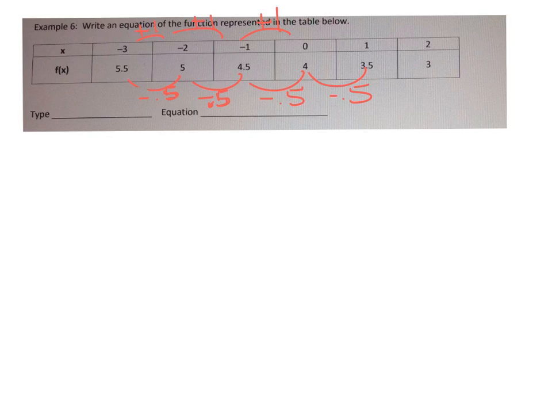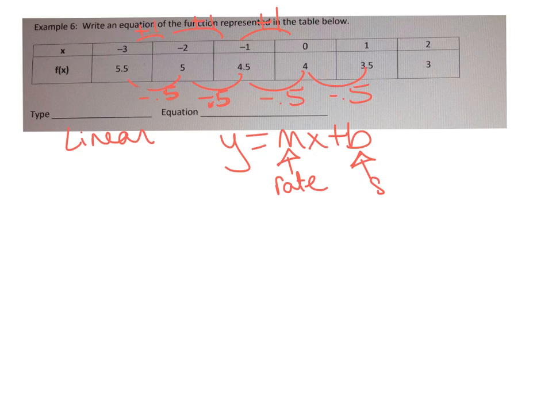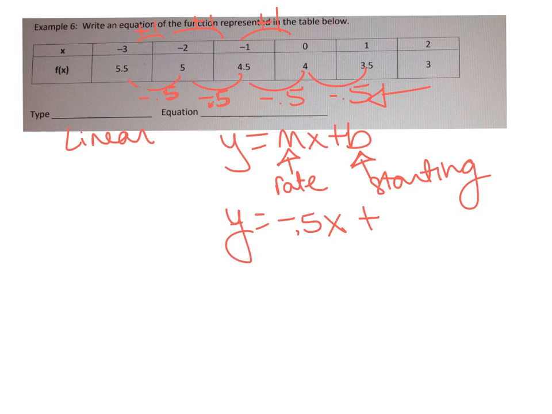So, because it's addition or subtraction, it's a linear equation. So then you want to use y equals mx plus b. This is your rate, and this is your starting amount. Well, my rate is still the change in the y's. It's a negative 0.5. X stays an x, and then I need to look for my b, which is where my x is equal to 0, and it's what my y value is there.